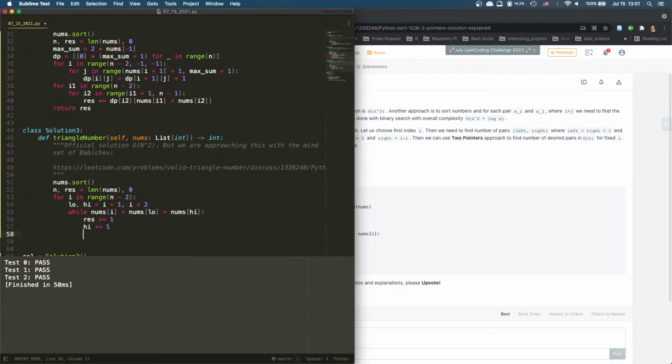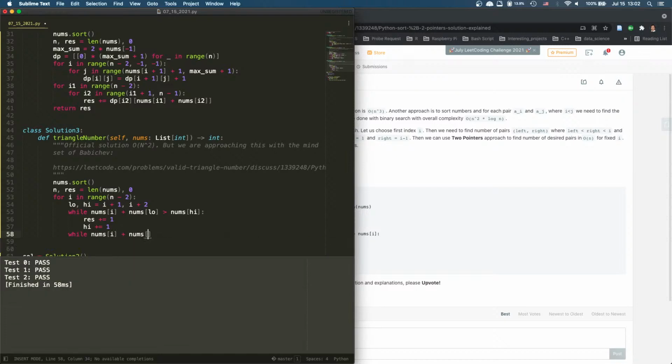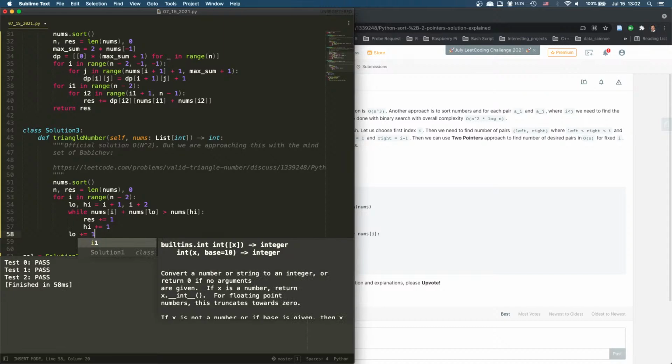Once it fails, then we move the low. While nums[i] plus nums[low] is not good, we just say low plus equal 1.